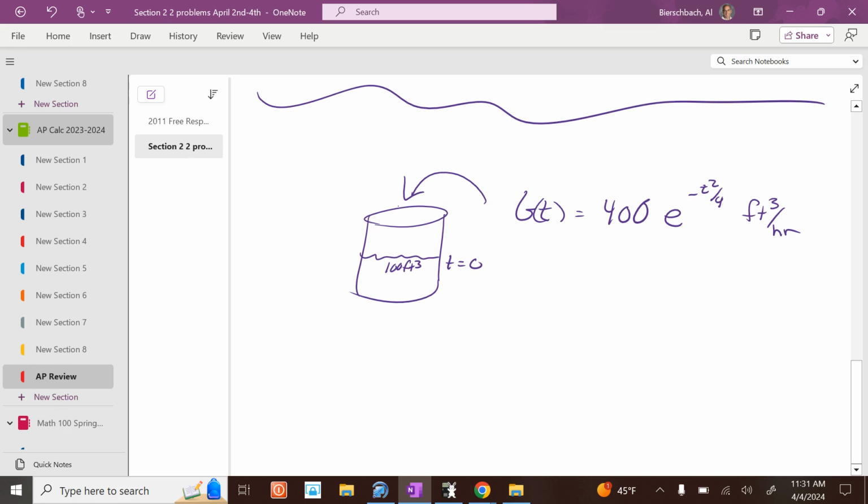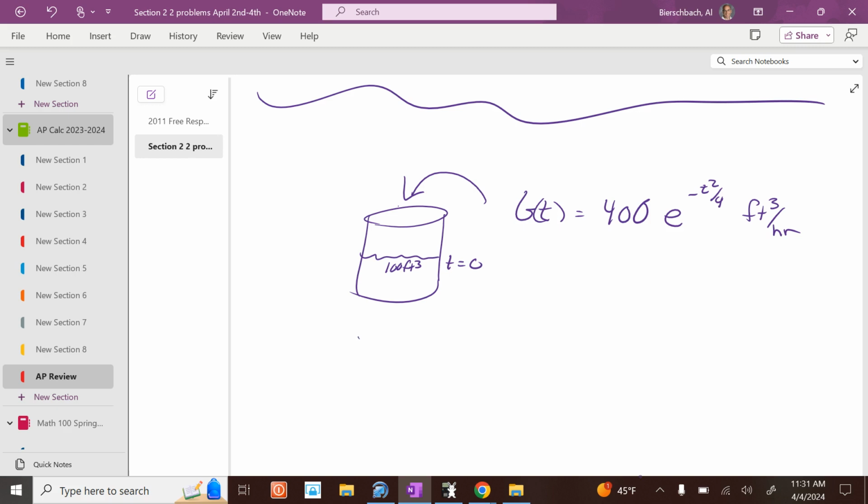So, estimate the total amount of grain removed at t equals 8 hours using left-hand Riemann sums. Okay? So, for a left-hand Riemann sum, you take the time elapsed times the left number.